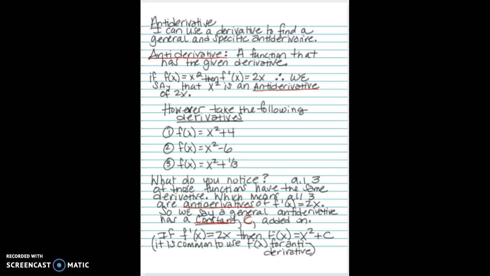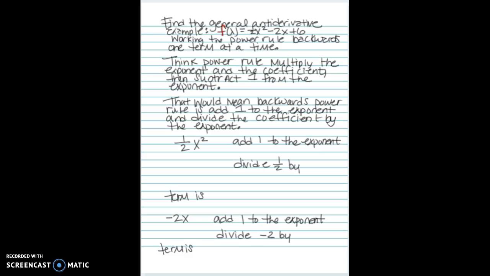Okay. So we're going to do an example. We're going to find the general antiderivative. The example is f of x equals 1/2 x squared minus 2x plus 6. We're going to work the power rule backwards, one term at a time, because we are asking ourselves what function has f of x as its derivative.